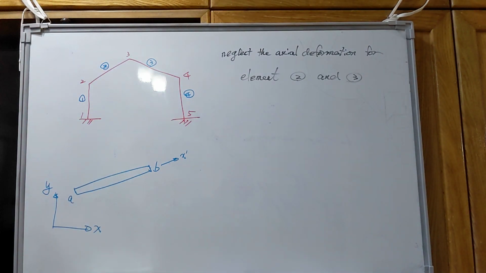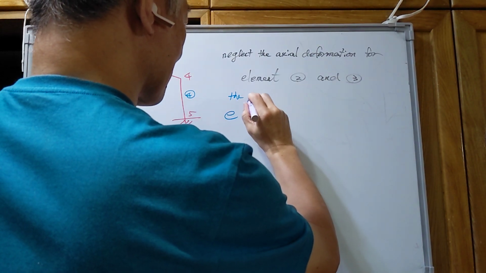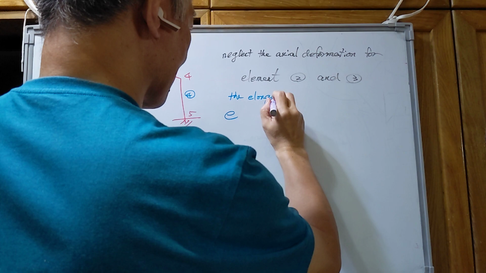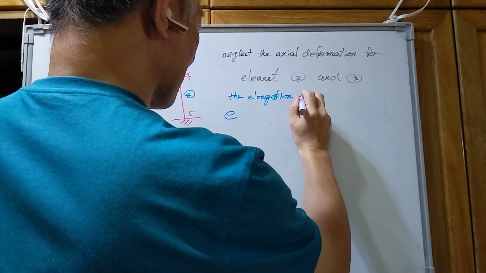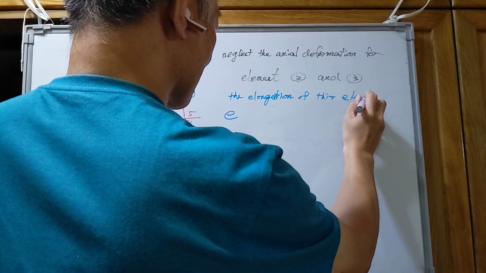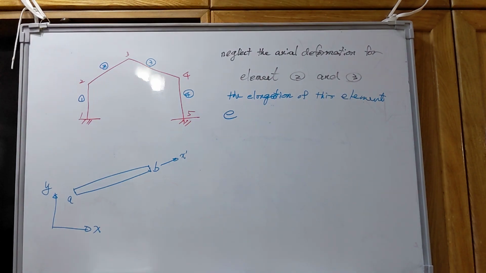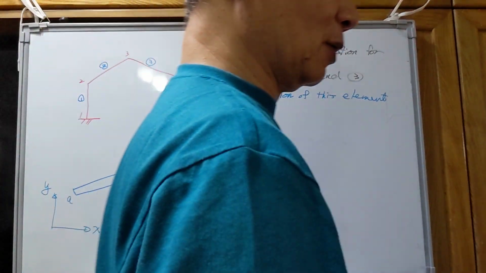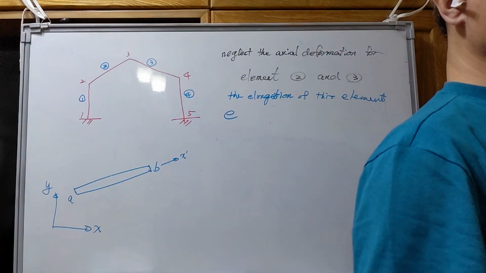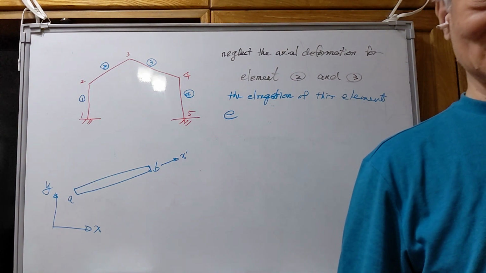If we would like to calculate the elongation of this element, remember the x prime direction is always the axial direction. The x prime axis is always the axial direction of this element.